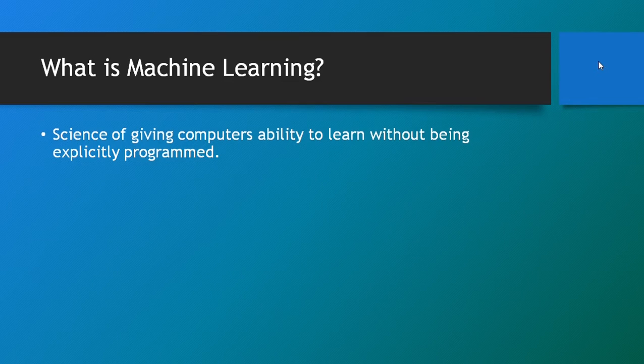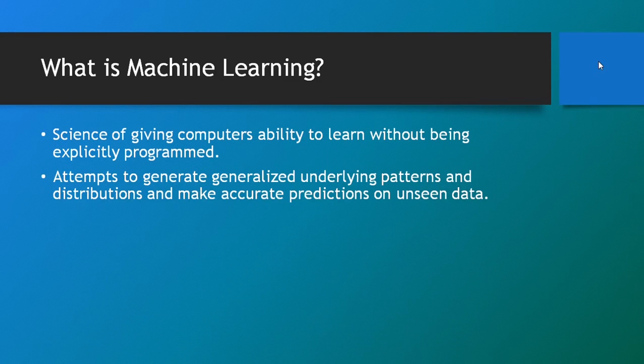What do we mean by that? Instead of giving them the model itself, we feed the machine with techniques so that it is able to attempt to generate generalized underlying patterns and distributions and make accurate predictions on unseen data based on a possible model candidate.